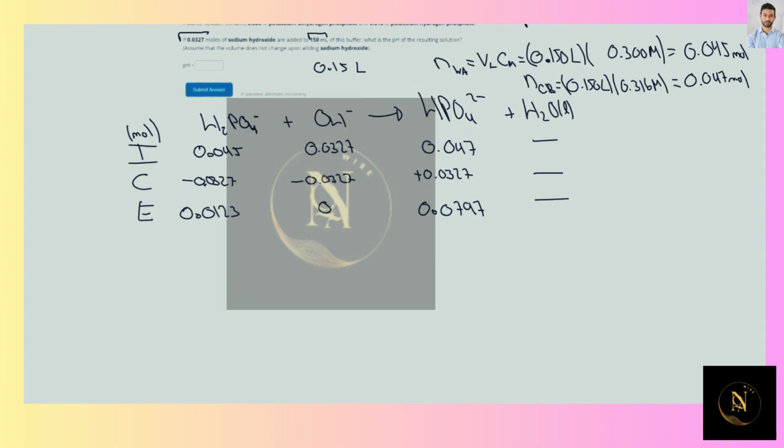So now we can apply directly the Henderson-Hasselbalch equation given the value for pKa that I provided over here. In the case that you have a different value of pKa given to you in a previous question, you can use that value instead. So according to Henderson-Hasselbalch equation, the pH is going to be equal to the pKa plus the logarithm of the concentration of the conjugate base, in this case HPO4 2 minus, divided by the concentration of the weak acid, H2PO4 minus.